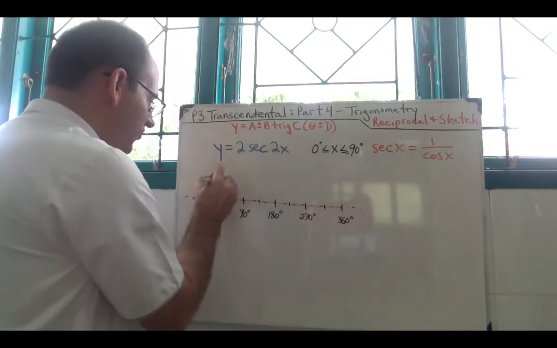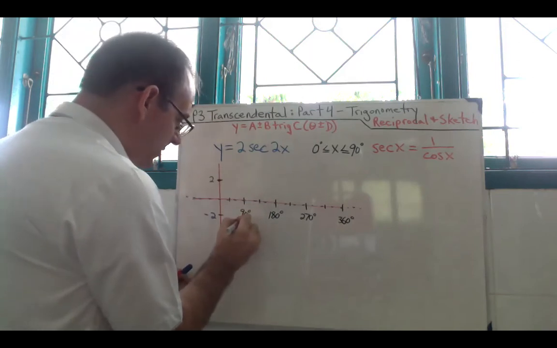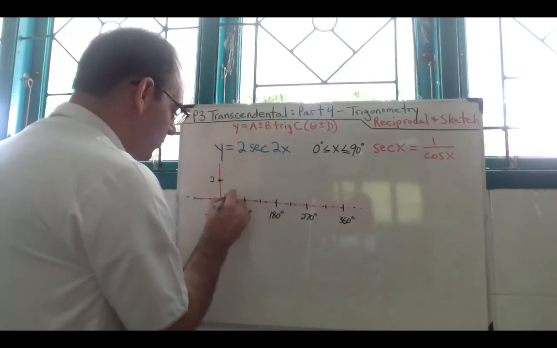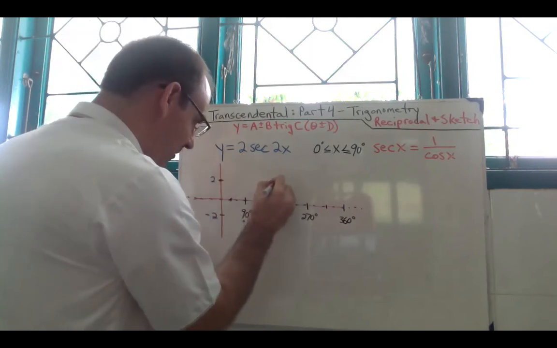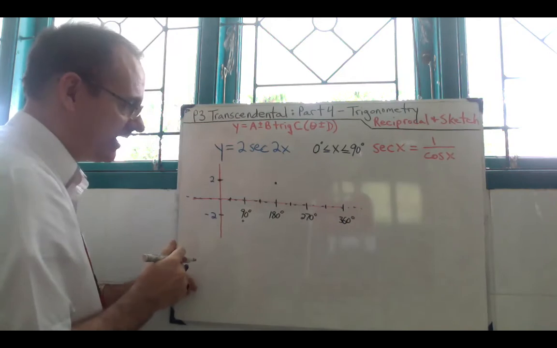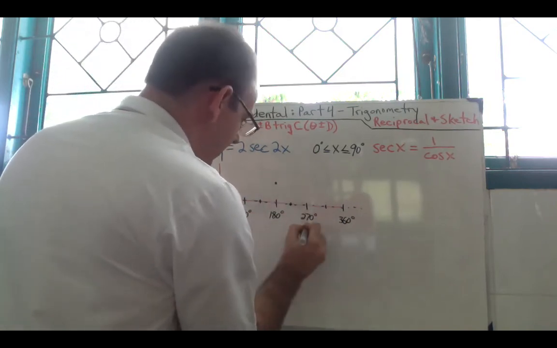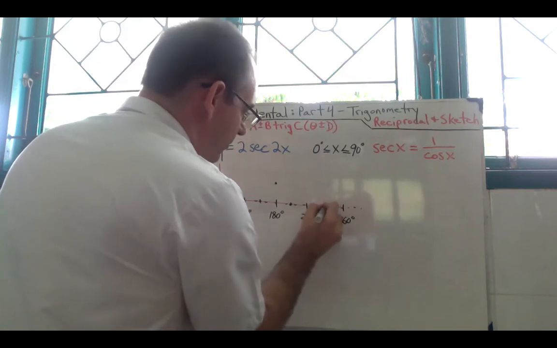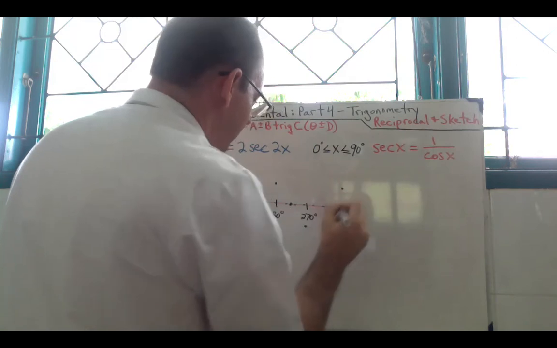So it needs to start up here. It will go down to here, through this point and come up through this point and again right here. So that's one cycle. And then down through here, down to here, back up through here, and arrive back up here for the second cycle.